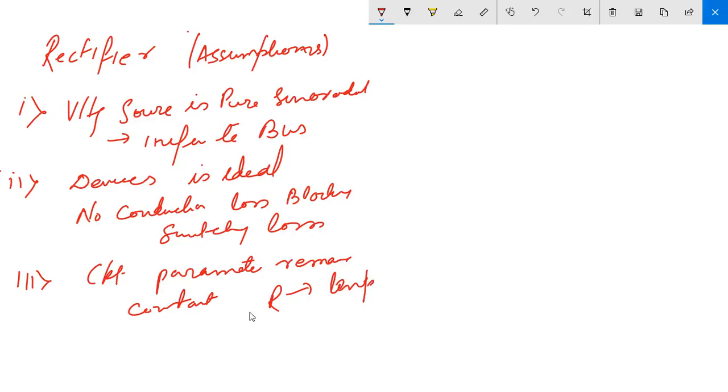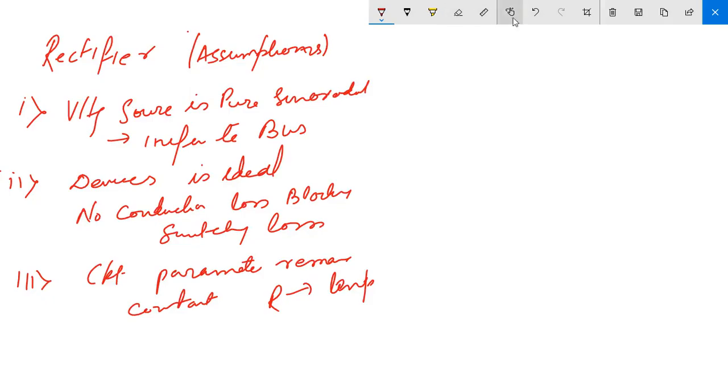So the circuit parameters, or voltage and current parameters, do not change with any other things. These are assumptions you must remember till the rectifier chapter ends, and you can expect that some of them will be carried forward to the inverter chapter also.